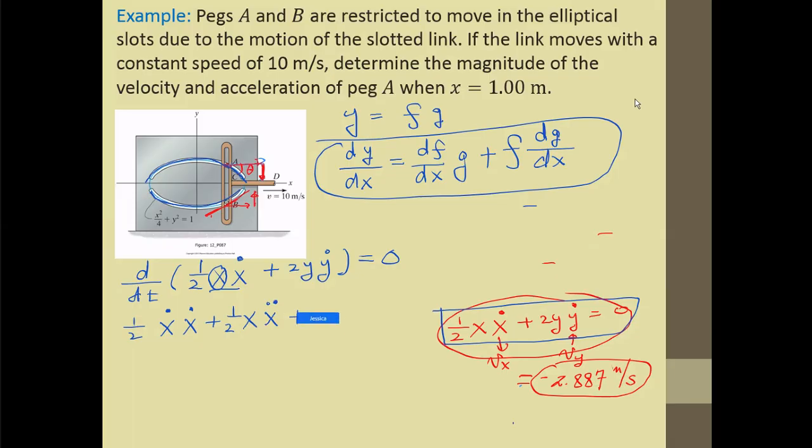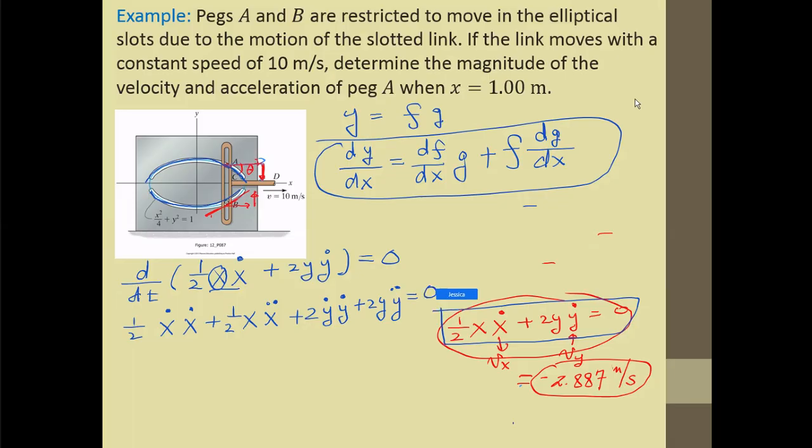Plus, 2 is just a coefficient, the first function y, whose derivative is y dot, followed by the second function itself, y dot, plus 2 times the first function itself, y, and the derivative of the second function, y double dot. That equals 0.